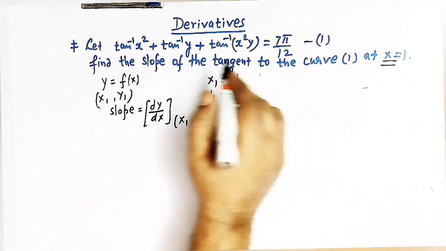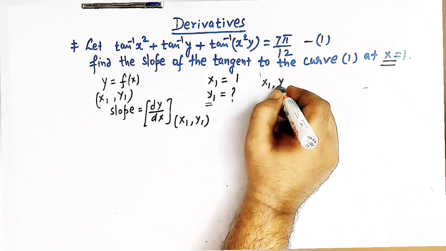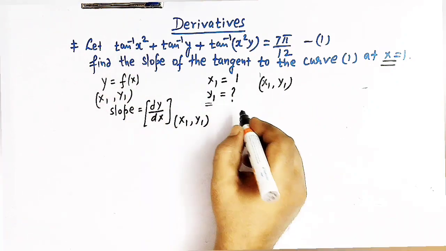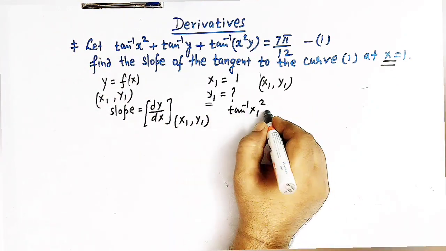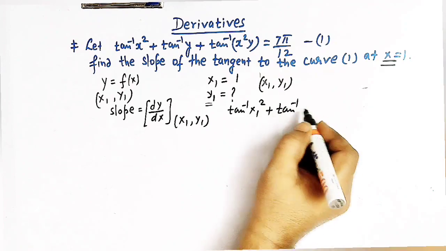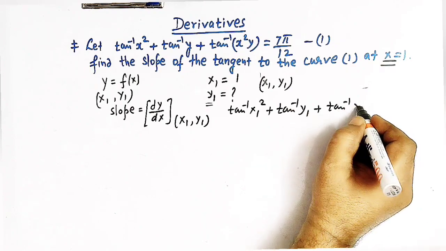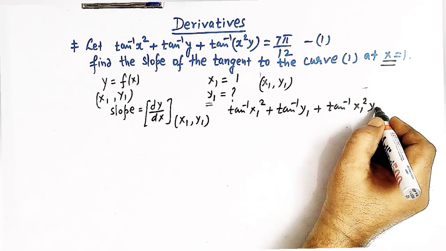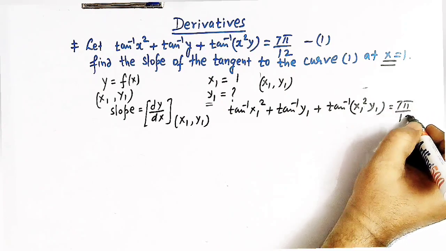This equation is satisfied by the point x1 y1. So now we have tan inverse x1 square plus tan inverse y1 plus tan inverse x1 square y1, and this is equal to 7 pi by 12.